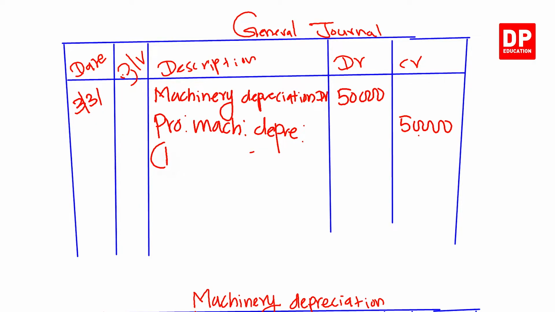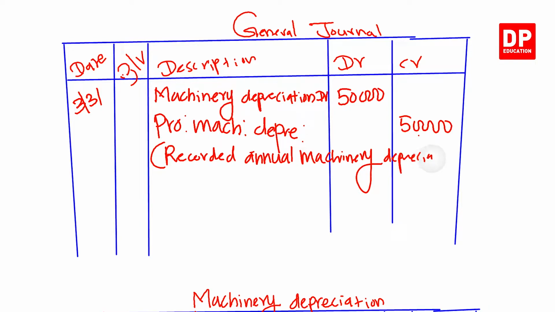Recorded annual machinery depreciation. Depreciation of how much? 50,000.